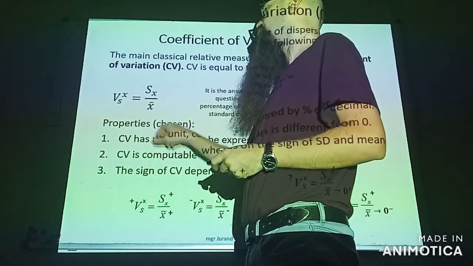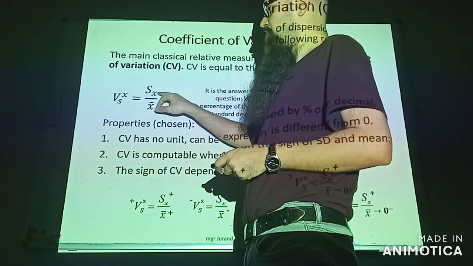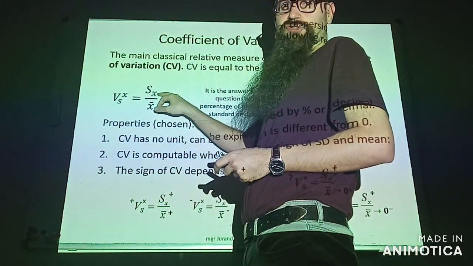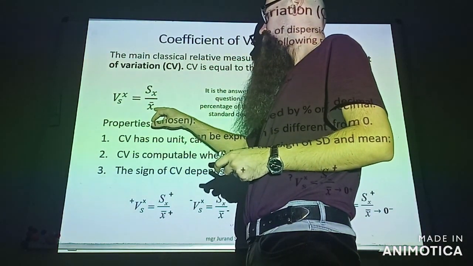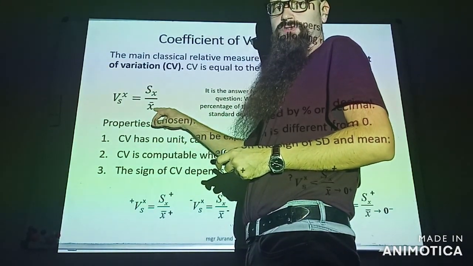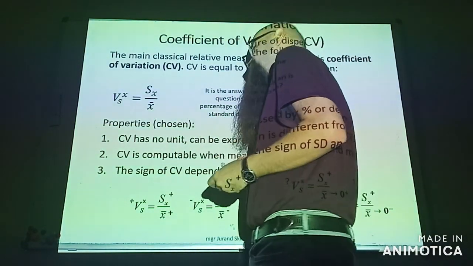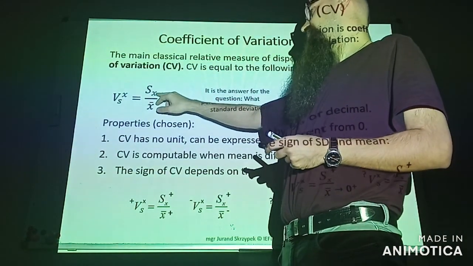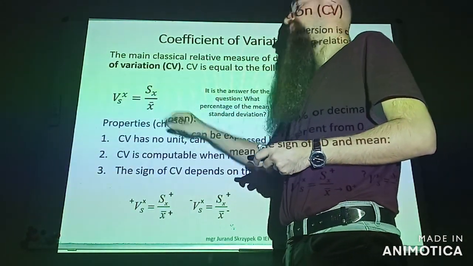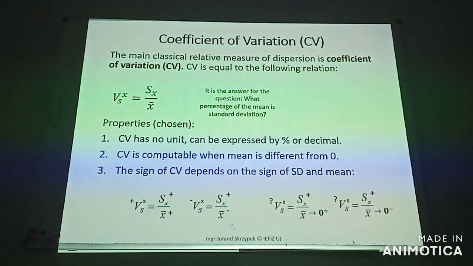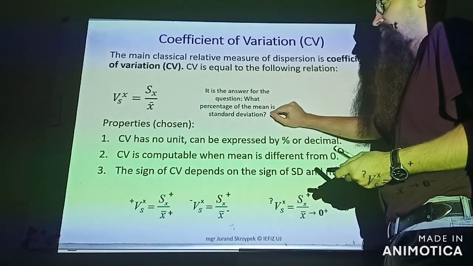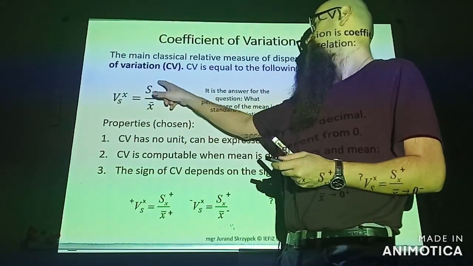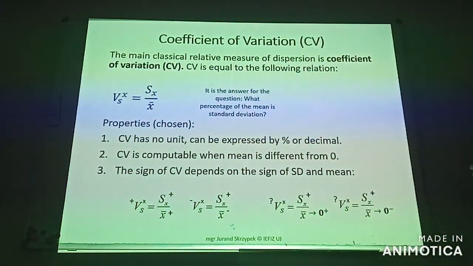This is a kind of ratio between the average deviation of the variable values and the mean value of the variable values. So we divide the standard deviation by the arithmetic mean. So we are able to answer the question what percentage of the mean is represented by the standard deviation.